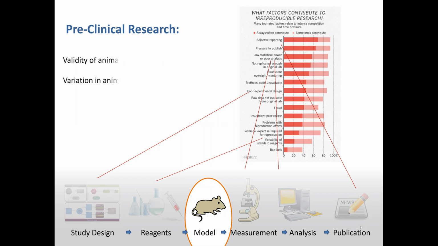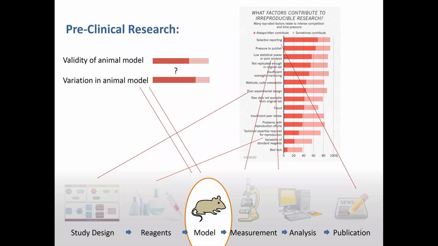I believe there should be questions in there like, do you think that the validity of the animal model of your biomedical research could be an issue for reproducibility? Or do you think that biological variation of the animal models could affect reproducibility? These were questions that were not asked. And I believe that these questions are actually rather central.